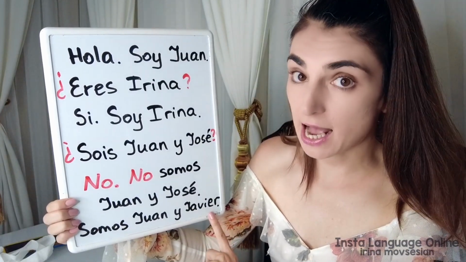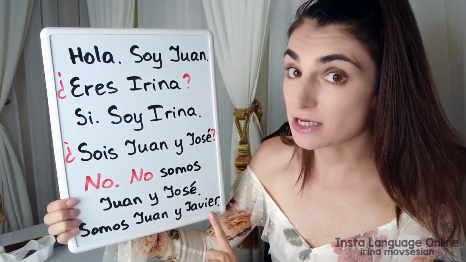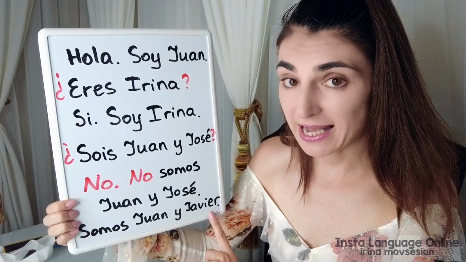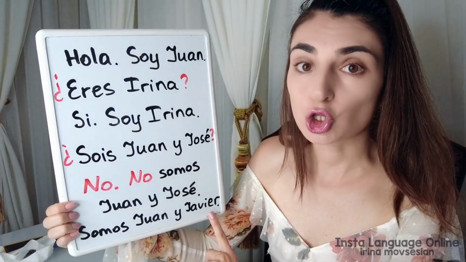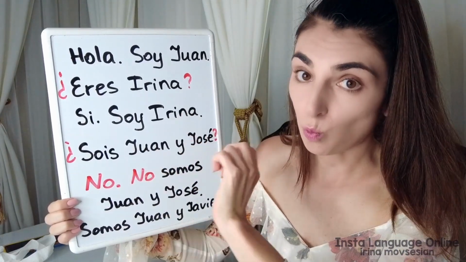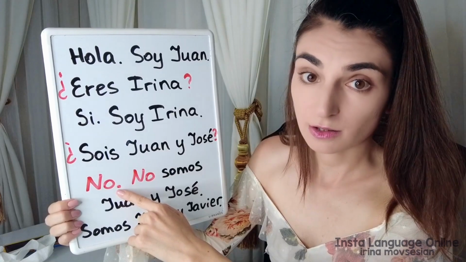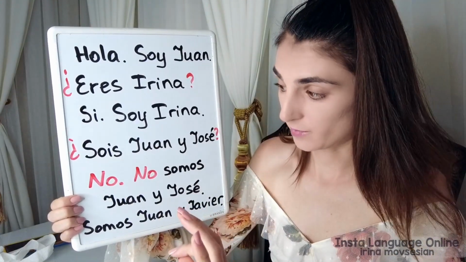We learned here how to make questions and how to answer yes and no. I want to remind you that yes will be sí and no will be no. Okay? Here we use no two times. Why? Because the first no is just a short no. Okay?